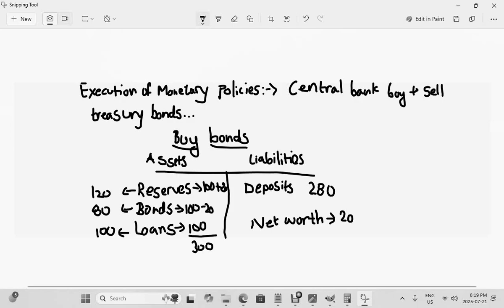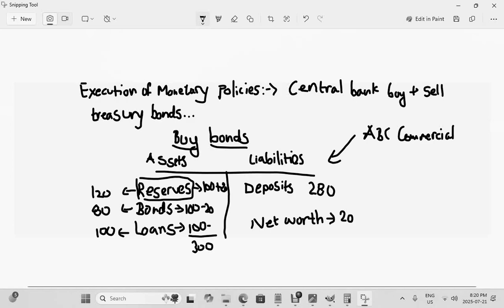However, let's assume that this is ABC Commercial Bank. When ABC Commercial Bank goes ahead and loans out some of the money from the reserves, what's going to end up happening is you will add the money that the commercial bank loans out to borrowers, let's say businesses.